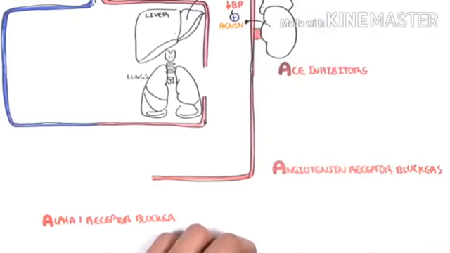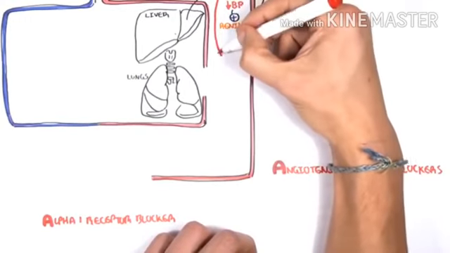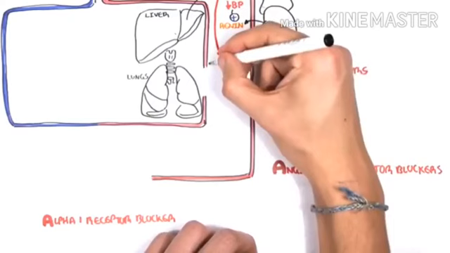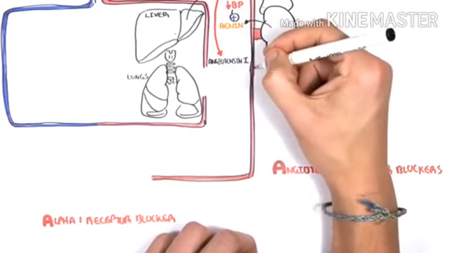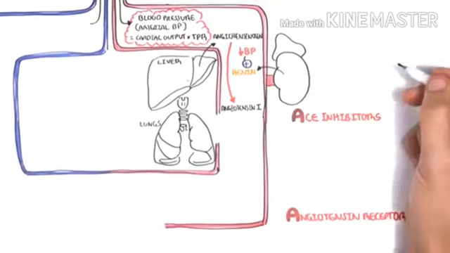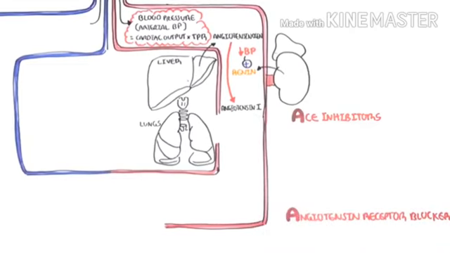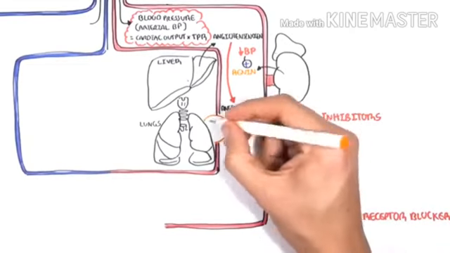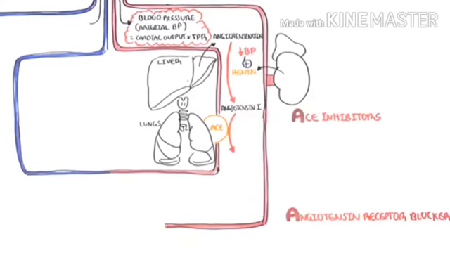Renin converts angiotensinogen into angiotensin 1. When this angiotensin 1 goes into the blood, it reaches the lungs. In the lungs, there is an enzyme called ACE, angiotensin converting enzyme, that converts angiotensin 1 into angiotensin 2.